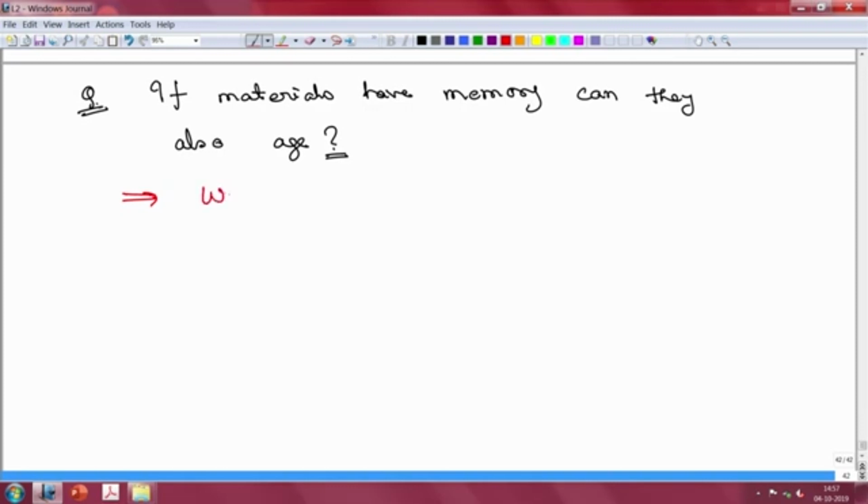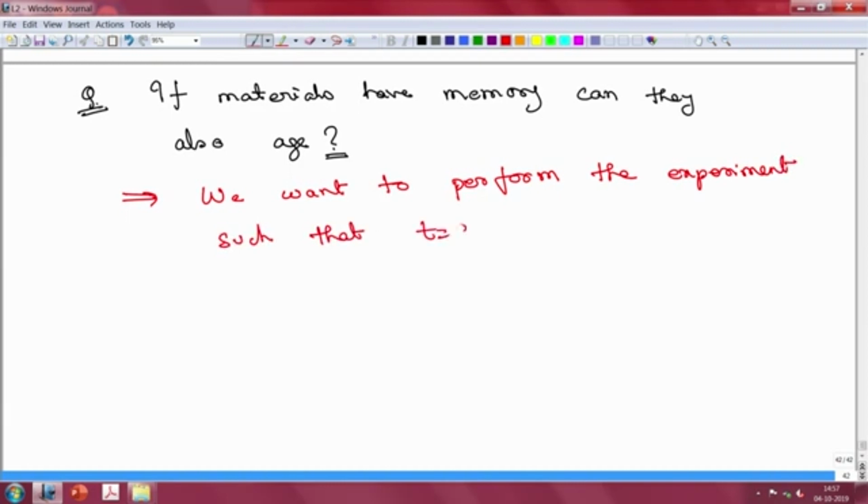So, we want to perform the experiment such that t equal to 0 can be arbitrarily chosen.